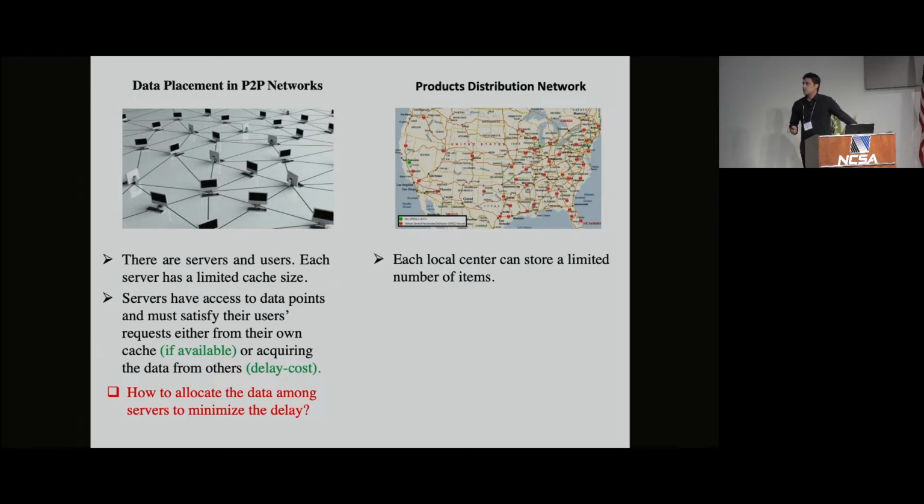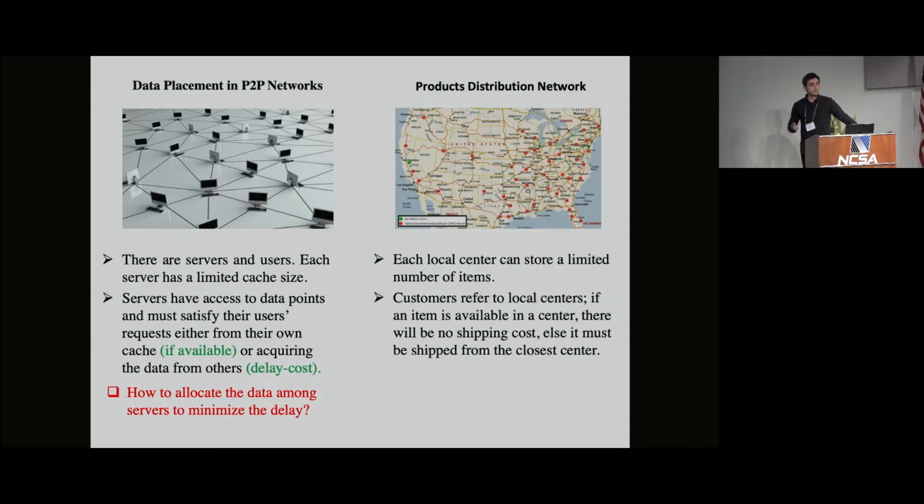You want to store the items in the local centers such that when a customer comes and requests an item, either you have the item in the inventory, which you provide to the customer, or it has to be shipped from the nearest local center to the current local center, and that incurs some shipping costs. Again, the goal is to distribute the items in the local centers in order to minimize the overall shipping cost. Okay? You can also think about the online version of these problems.